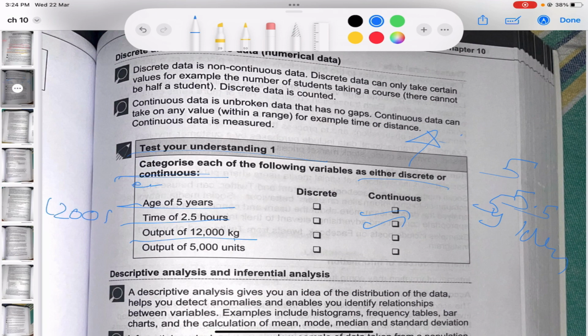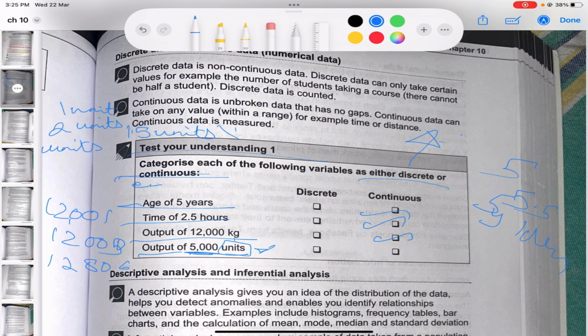Output of 12,000 kg. I can have 12,000.1 kg. I can have 12,005 kg. I can have 12,806 kg. Anything is possible, so there is no break. Continuous. Output of 5,000 units. Now we are talking about units. I can have 1 unit. I can have 2 units. But can I have 1.5 units?